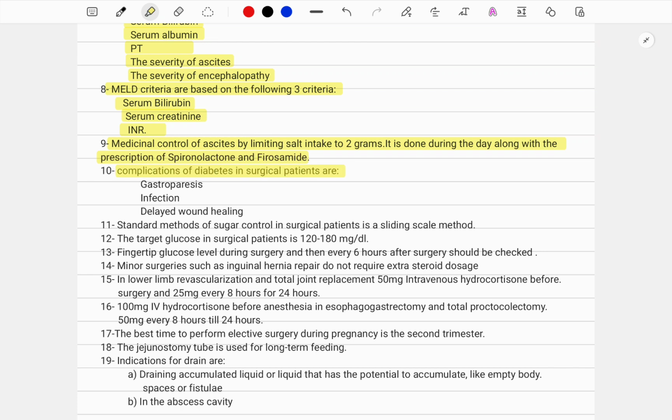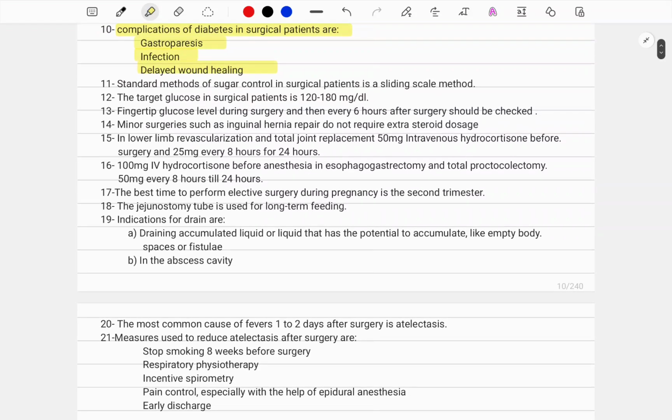Some complications of diabetes in surgical patients are gastroparesis, that is decreased gastric emptying, infection, and also delayed wound healing. The standard method of sugar control in surgical patients is the sliding scale method, in which we give subcutaneous insulin.